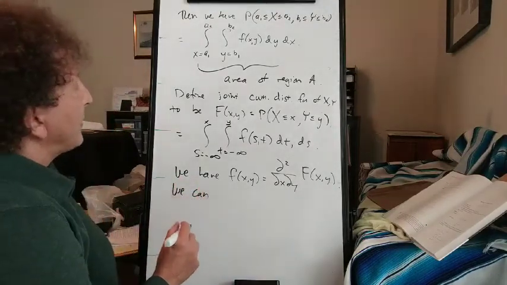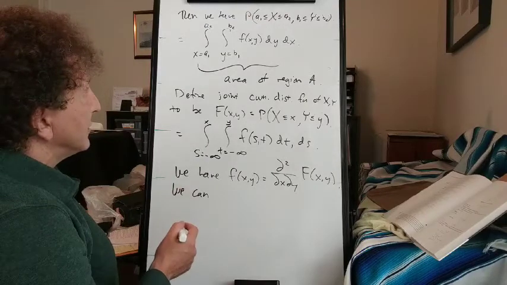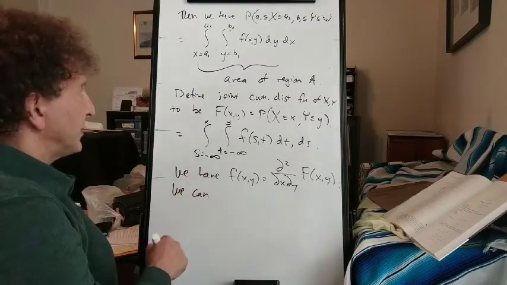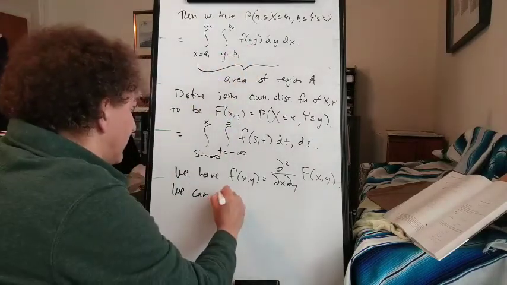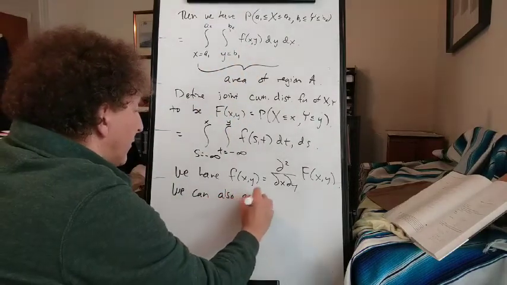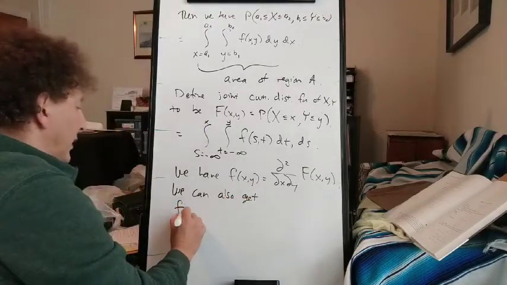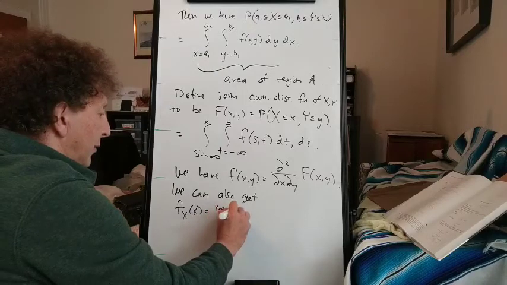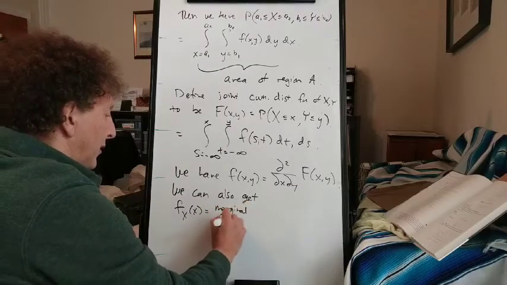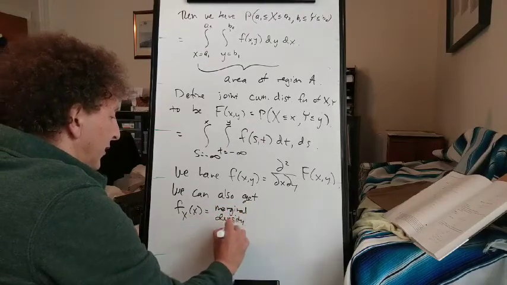Now we can also get the marginal density functions of just x and just y from the joint density. Let me write f capital X of x is the marginal density of x.